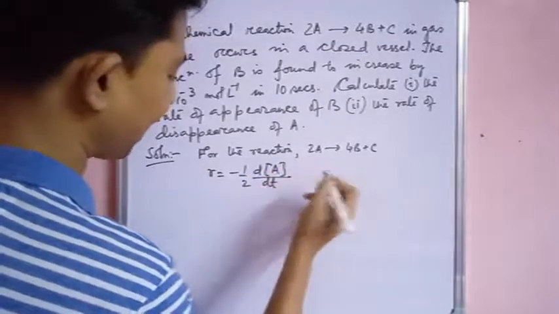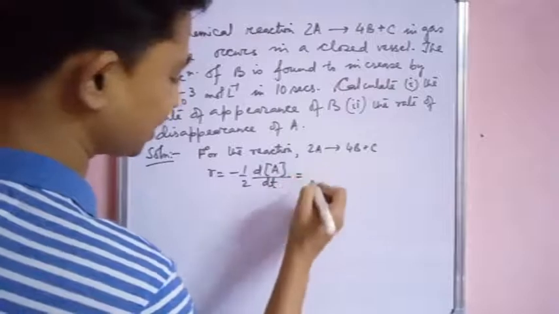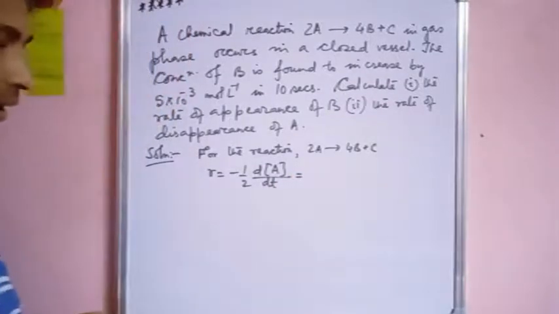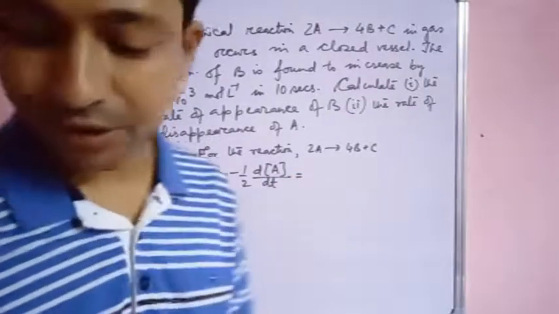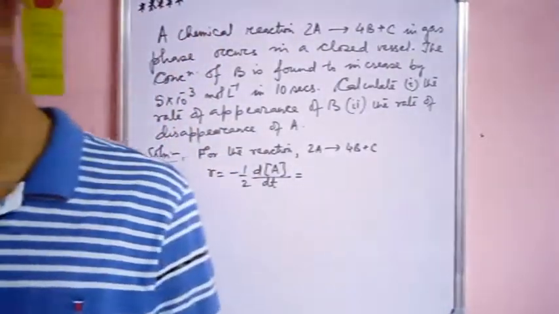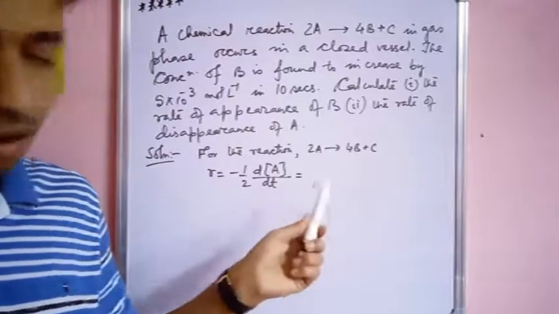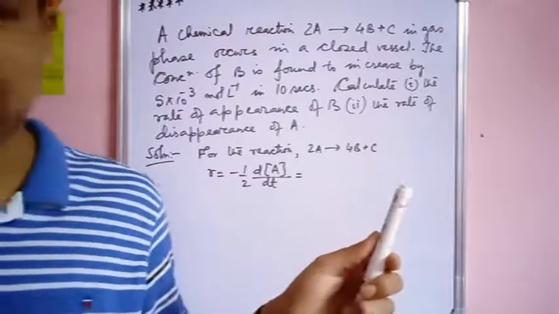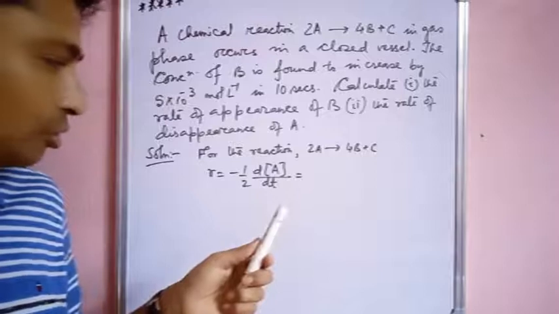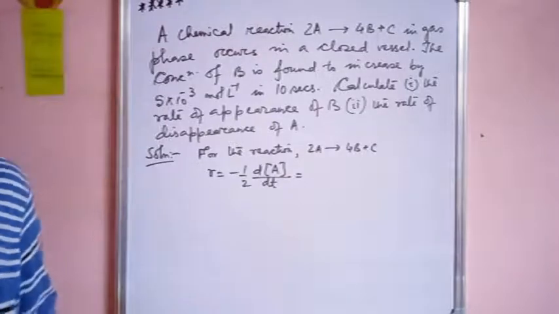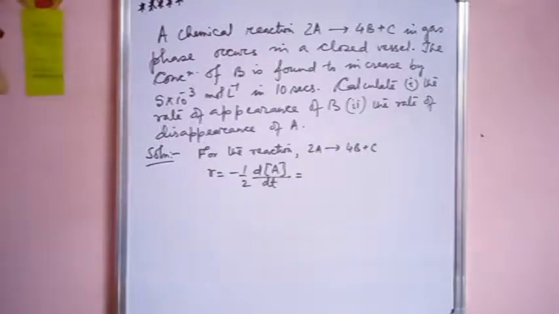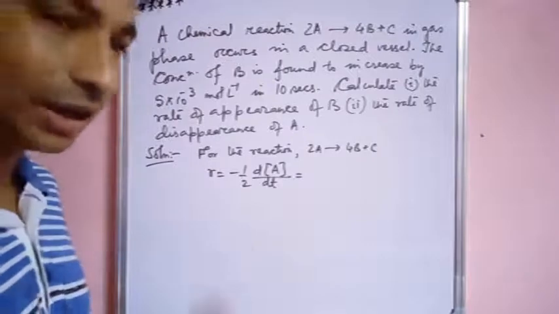How it comes, we discussed yesterday: the rate of a reaction is equal to the rate of disappearance or formation of a substance divided by its stoichiometric coefficient. We discussed that yesterday, and found how the differential rate equation comes.